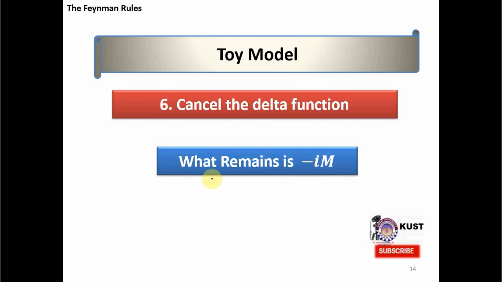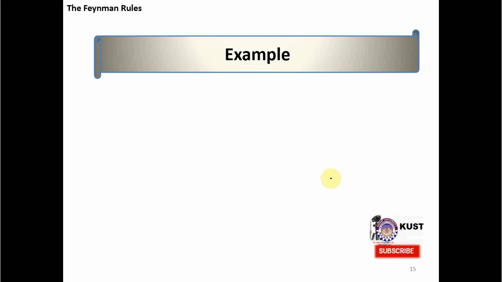So we will be left with this factor minus i M. Now, since we have completed all the 6 rules, and we know there are internal momenta, outgoing momenta and all these things, and we know how to handle them, it is good to consider an example for this toy model and calculate the amplitude with the help of this Feynman calculus.